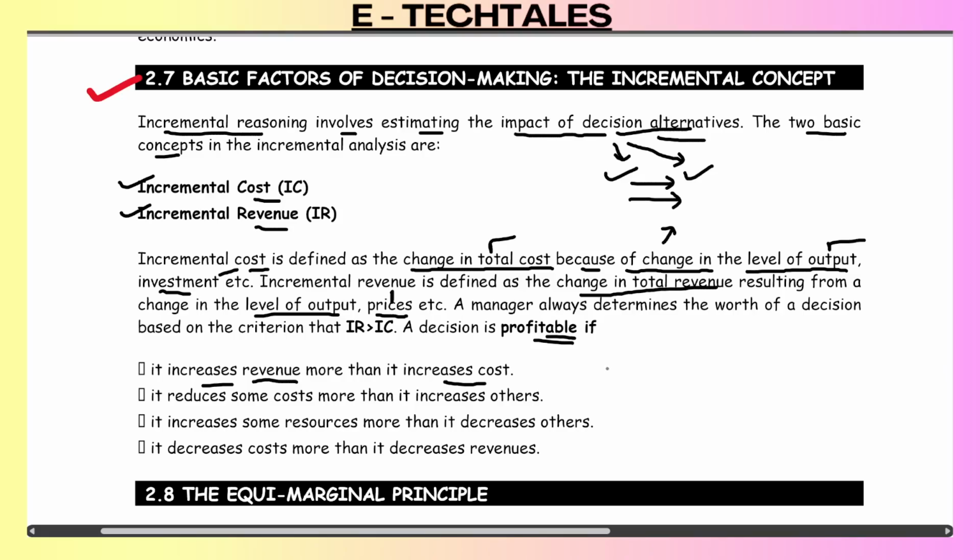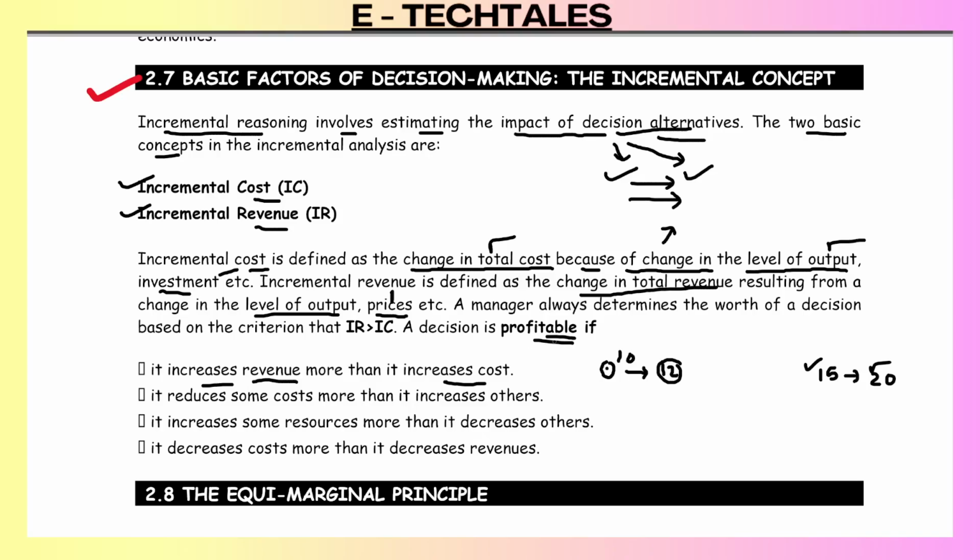For example, if the cost of making a product is 10 rupees and the cost has increased to 12 rupees, and the sale value has increased from 15 rupees to 20 rupees, then in this scenario there is a chance of getting a profit.